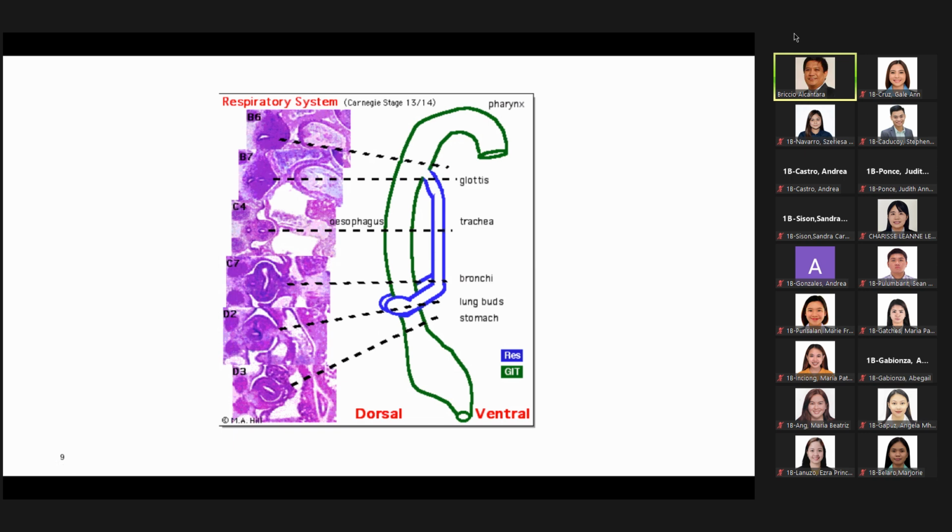Once you see the developing heart, you are in the anterior aspect of your developing fetus. Okay. Then if you go to the bronchi, it will now split into two, and that area around the bronchus will be your lung buds, class. And this is the area of the stomach, and you now have that end there. The lung buds, you now have your bifurcation of the trachea in this area.